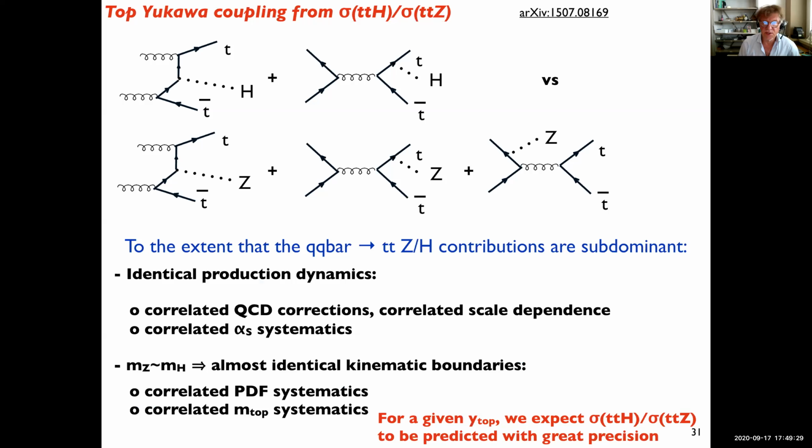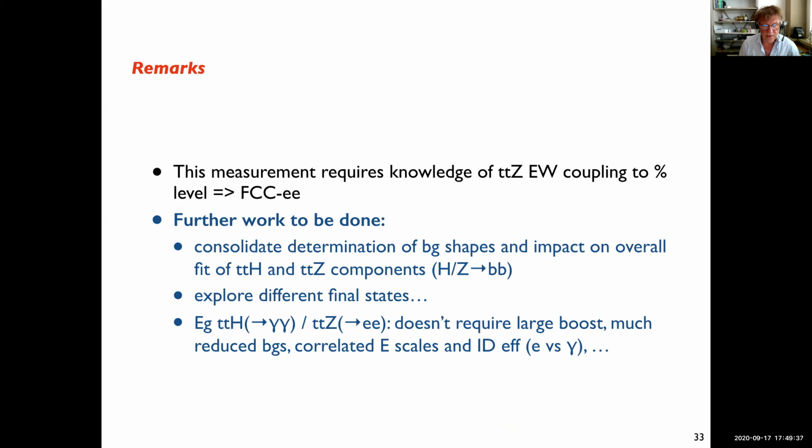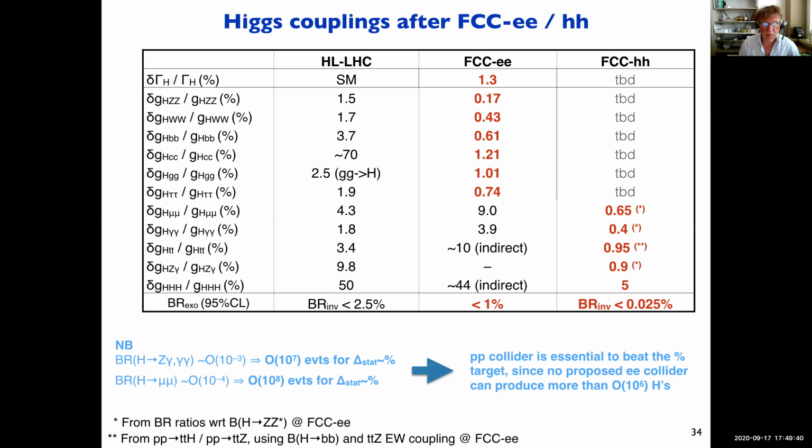I have a few slides here on how we study the case of the Higgs coupling to the top, the Yukawa coupling of the top, but I can skip that and jump directly to this table, which is a summary of the precision of Higgs couplings after the FCC-ee and FCC-hh.